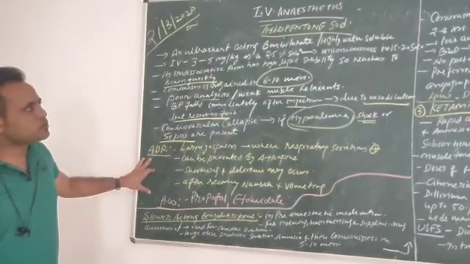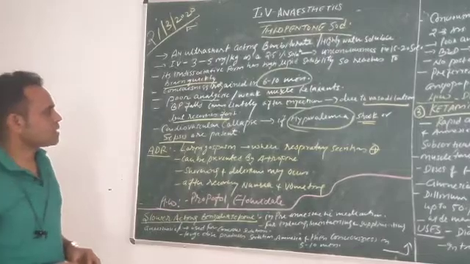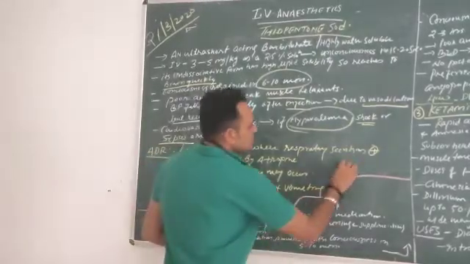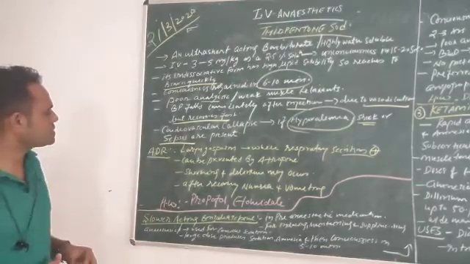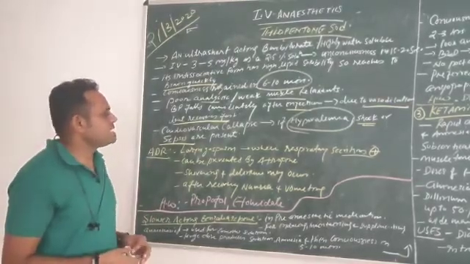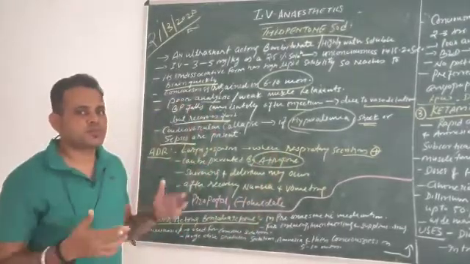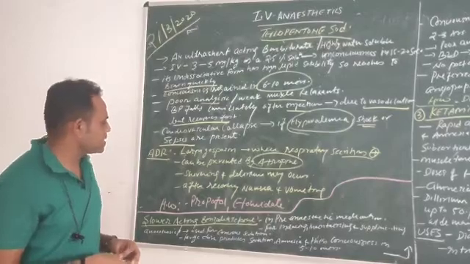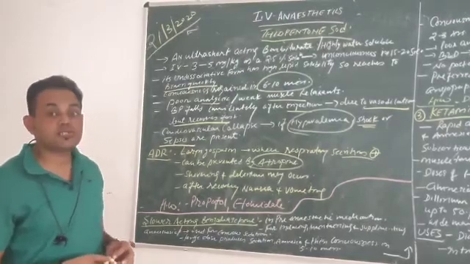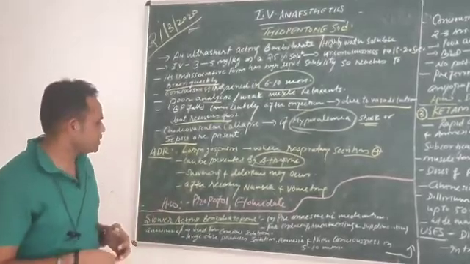There are certain ADRs caused by thiopentone sodium: laryngospasm when respiratory secretions are present, which can be prevented by atropine. Shivering and delirium may occur. After recovery, nausea and vomiting can be possible.